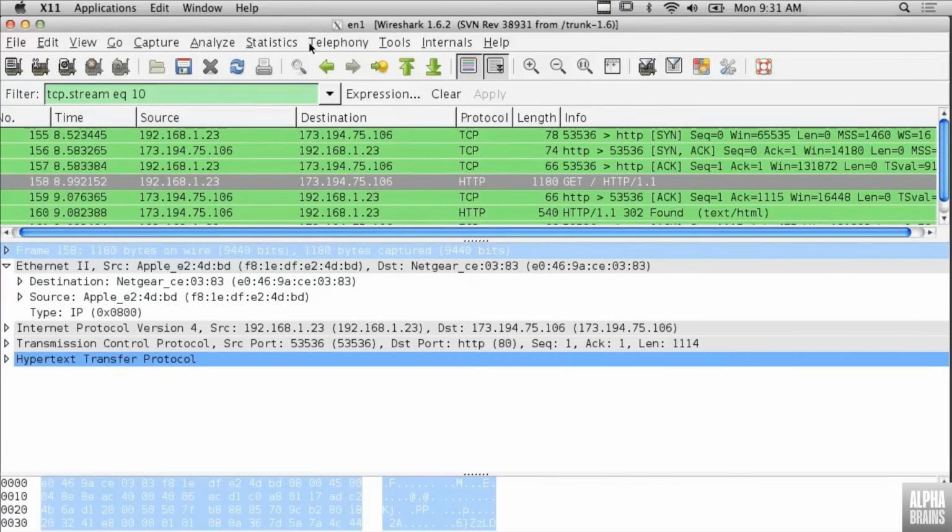What we've got here, you can see, is a destination and a source address, and the addresses are the same in terms of their structure. You can see the destination on the left-hand side says Netgear_CE:03:83. Now, what we've got in both of these is a 48-bit address. And the first 3 bytes of the address are related to the vendor. It's actually called an OUI, or an organizationally unique identifier.